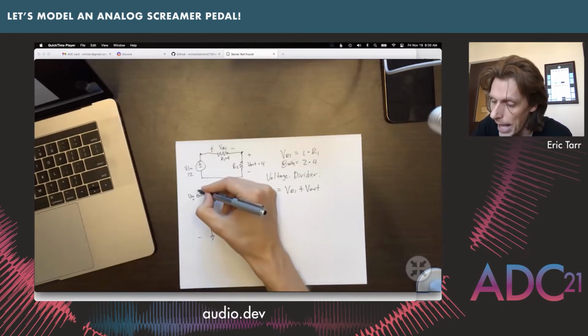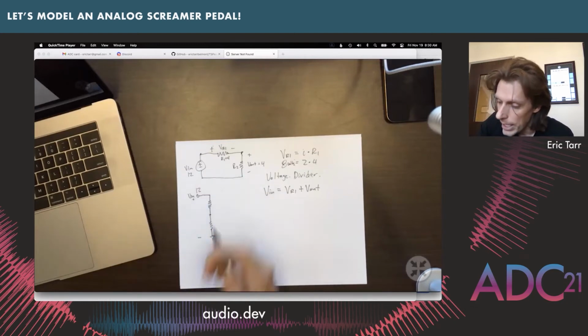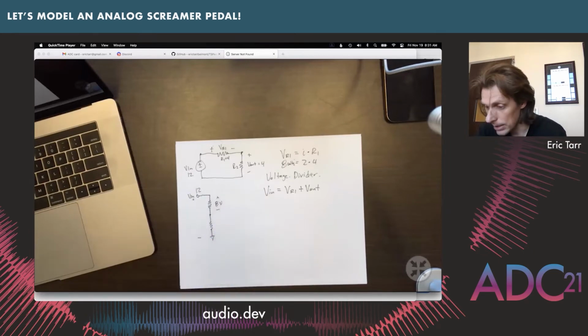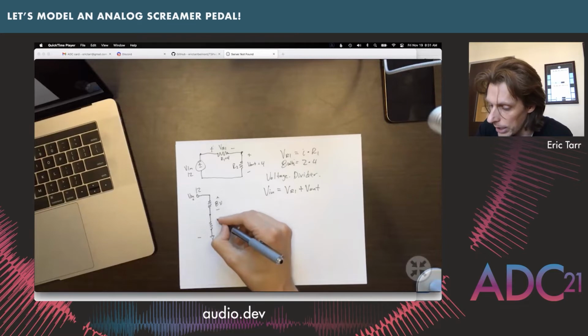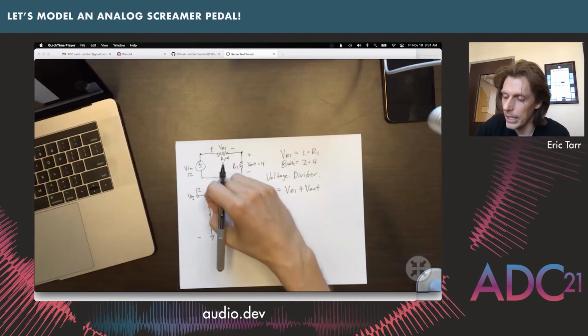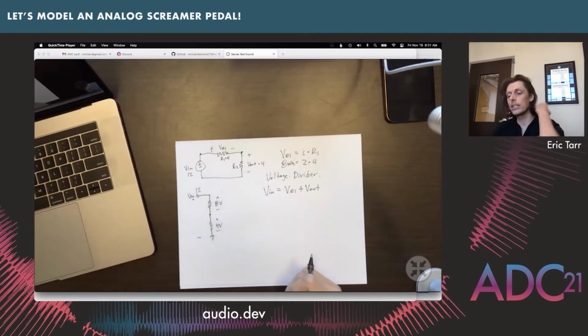And so if we have 12 volts up here, we end up having 8 volts get split across this resistor, and then another one down here for 4 volts.